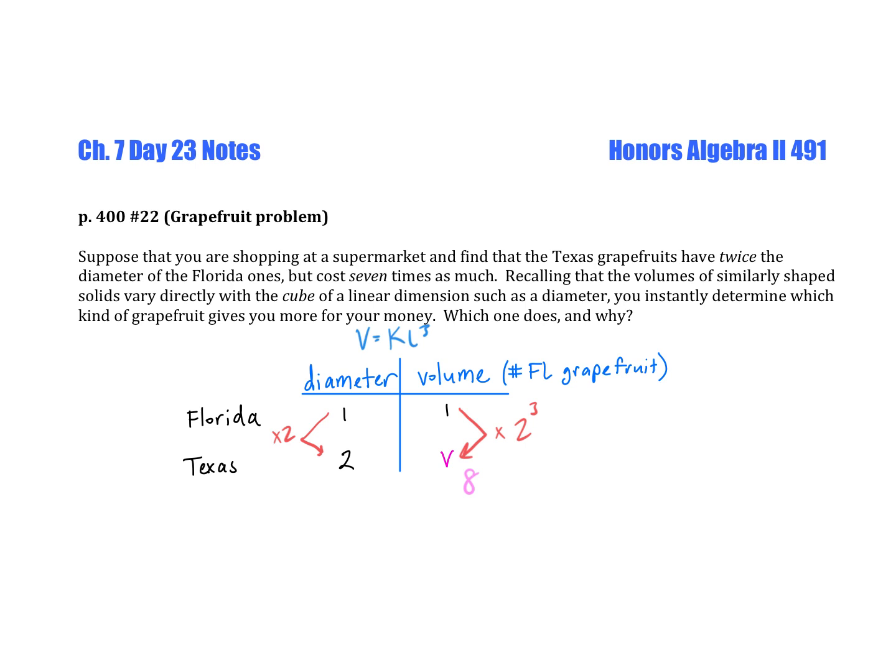It told us that a Texas grapefruit is twice the diameter, but it costs 7 times as much. So thinking about the fact that the volume is 8 times the volume of a Florida grapefruit, which one is going to give you the biggest bang for your buck?